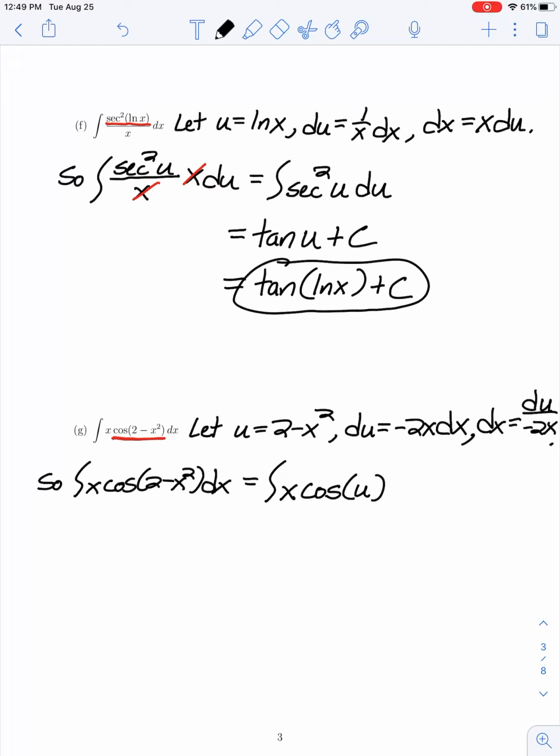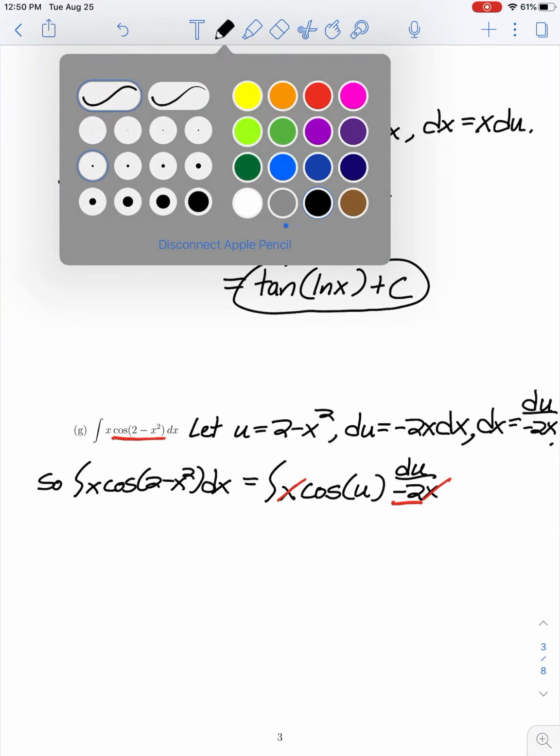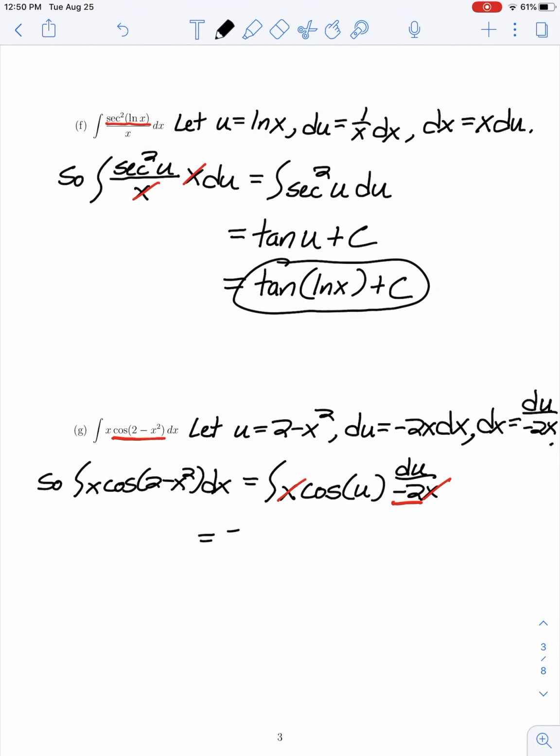And then on the end, we have the differential of x, which we just solved for, as du divided by negative 2x. So we're left with an x divided by x, canceling one another. And we have a constant factor of 1 over negative 2, or negative 1/2, which we can pull out in front of our integral. And then we just have the integral of cosine u du.